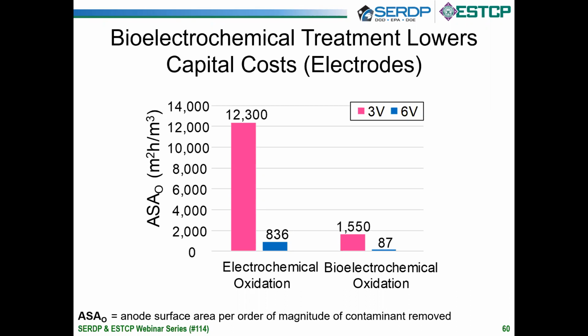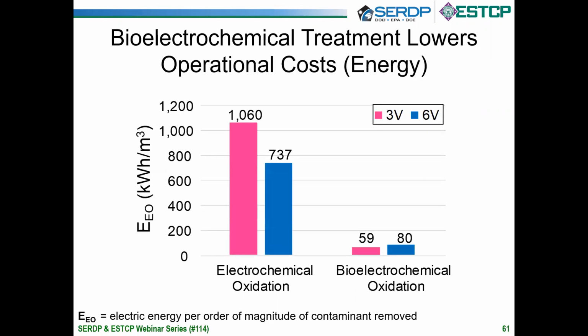First of all, in terms of electrode cost, it is much more efficient to run higher potentials because you need less electrodes for the conversion. And then you can also see that by augmenting the reactor with CV1190 and doing bioelectrochemical oxidation, you are lowering the capital cost by about an order of magnitude.